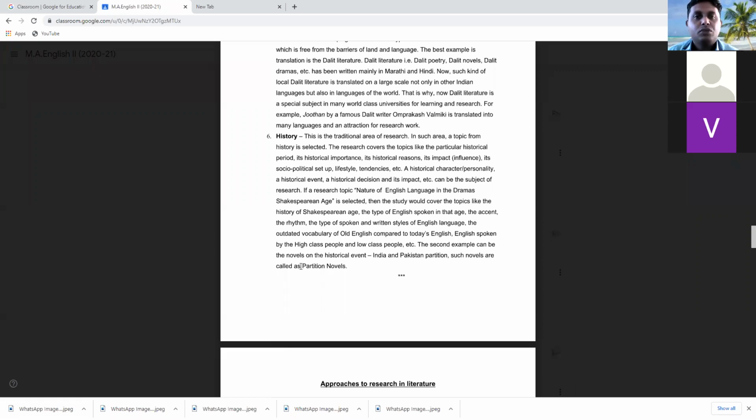I can select some historical personalities also, right? So a historical character, personality, a historical event, a historical decision, and its impact can be the subject of research. The Ganimi Kawa of King Shivaji, if I am studying this, it becomes a historical research.